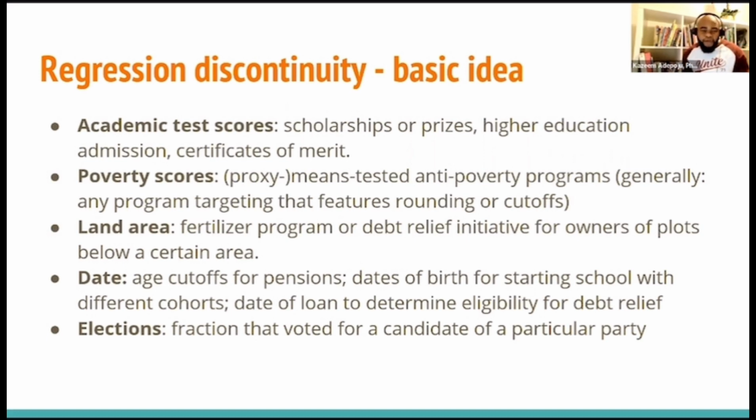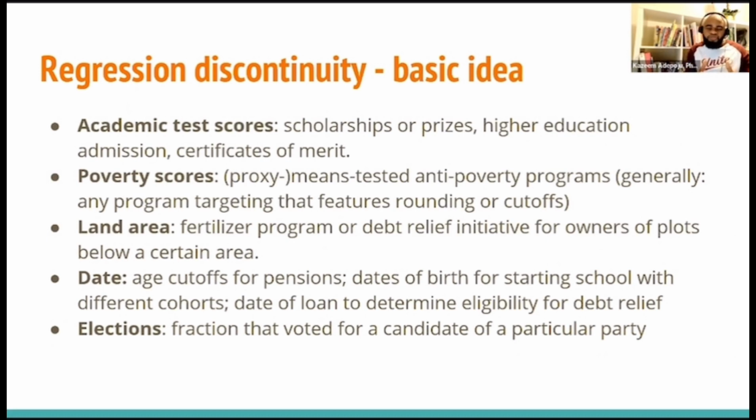Okay, what about age? For example, an age cutoff for pension, or the date of birth for starting school. Take starting school in the United States: before you can start kindergarten, you have to reach the age of 5, and you have to reach it before September of the school year.